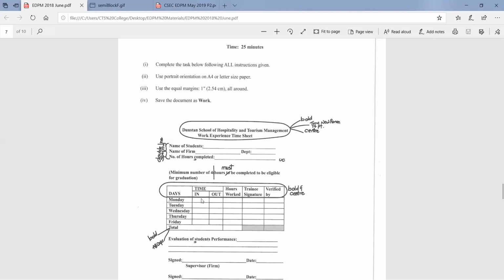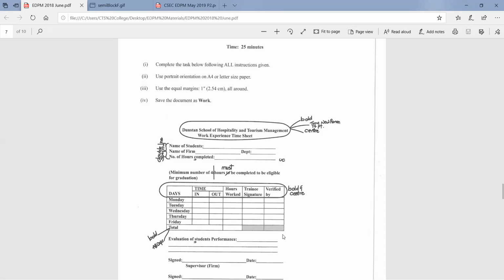This information is being done in a table. This table is being done in Microsoft Word. How many columns does this table have in it? We have exactly 1, 2, 3, 4, 5, 6. We have a total of 6 columns.